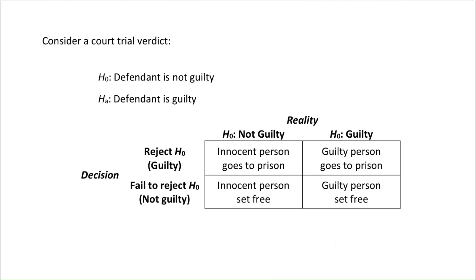So that person comes in, and the assumption is that they are not guilty. That's our null hypothesis, and we assume that that is true from the outset. The state then piles on all of its evidence in an attempt to give convincing evidence to the alternative, that the person is in fact guilty.